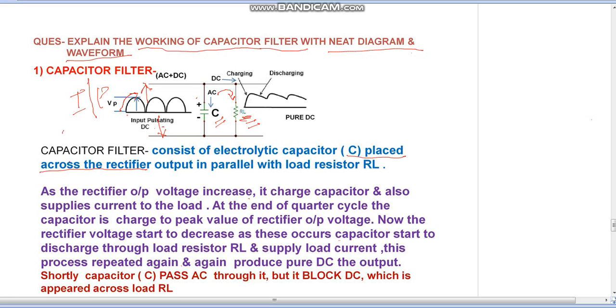At the end of the quarter cycle, the rectifier output voltage goes on decreasing.